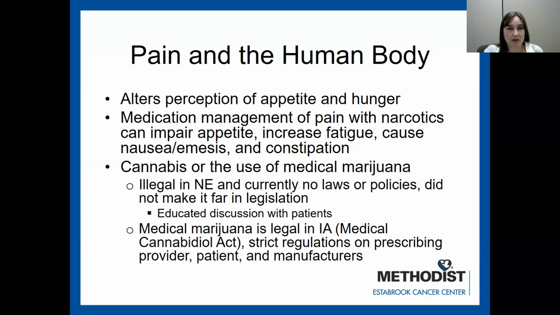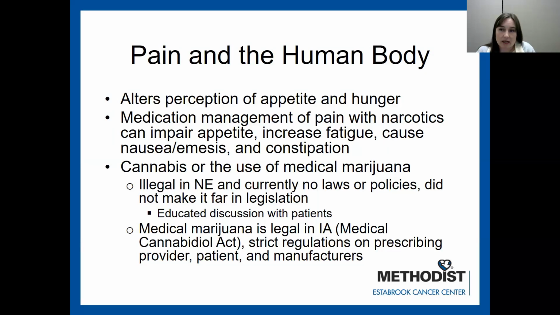I encourage them to have that conversation with that provider. But I also have the honest conversation. If you are comfortable with using marijuana or you've used it in the past and you know how you react and you want to try it, that's your decision. That's the patient's choice. So that's kind of where I leave it. I leave it up to them.